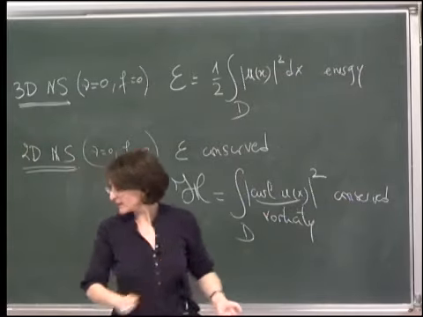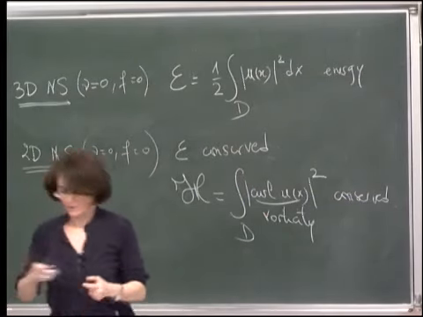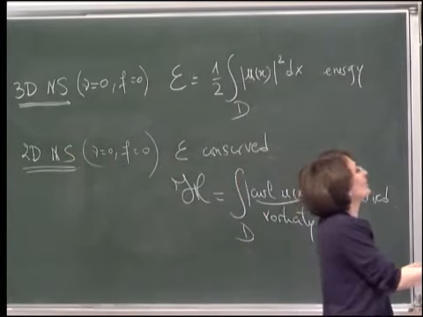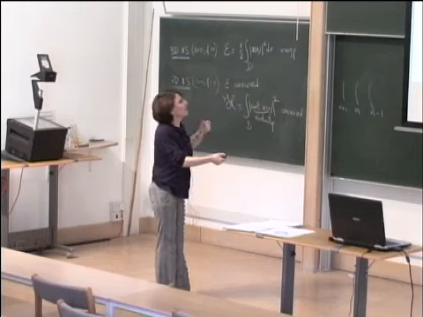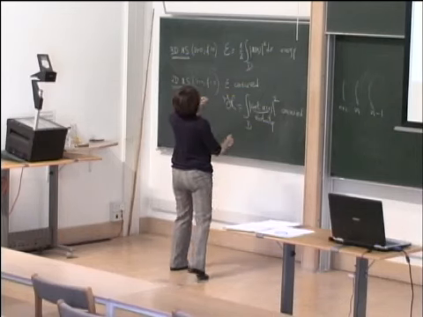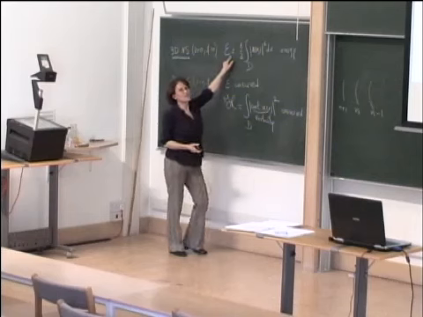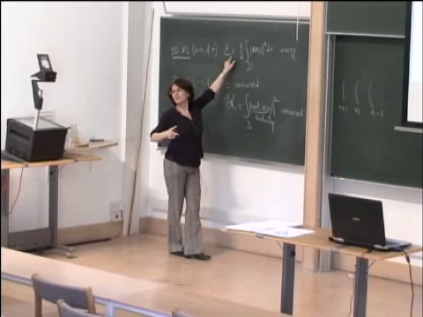And actually, it's the main difference between 2D and 3D. And why I mention this, it's just to mention the difference between the Goy and Sabra models. So the Goy model is, whatever I do for A and B, I can choose A and B such that the only quantity that will be, in a certain sense, conserved will be the energy. It's typical of 3D. It's the equivalent of 3D.